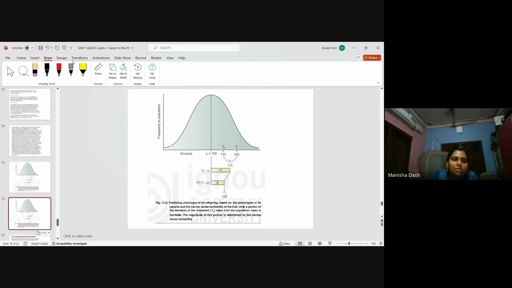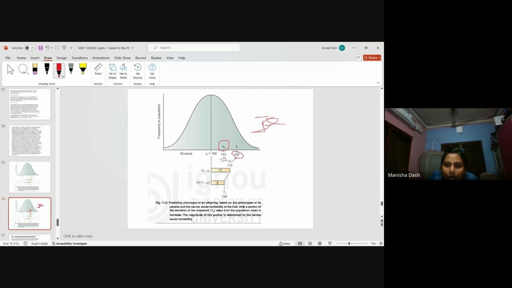For narrow sense heritability, this is a graph representing the IQ, intelligence quotient, of parents and the offspring. Here the mother has a high IQ of around 110 and the father has an IQ of around 120.